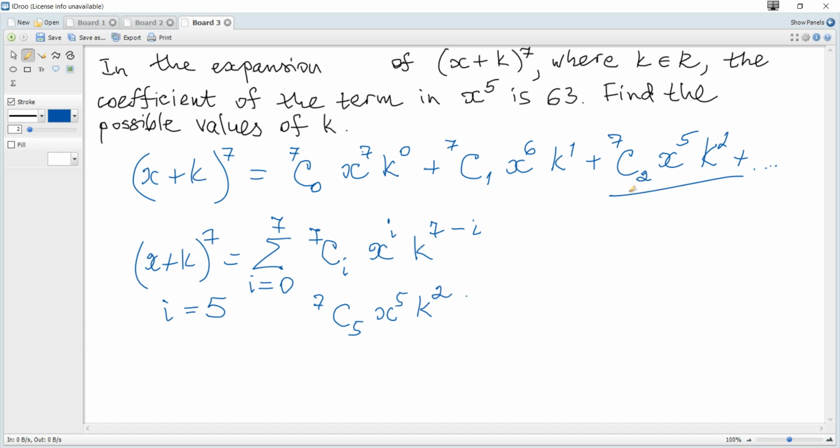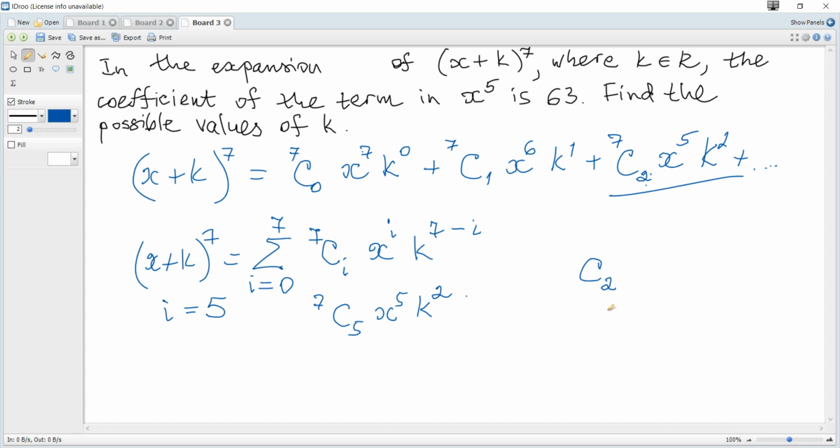You may notice that there is a difference, but there is a property that combination 2 out of 7 is the same as combination 7 minus 2 out of 7, which is combination 5 out of 7. These coefficients, which are combinations, are symmetrical.